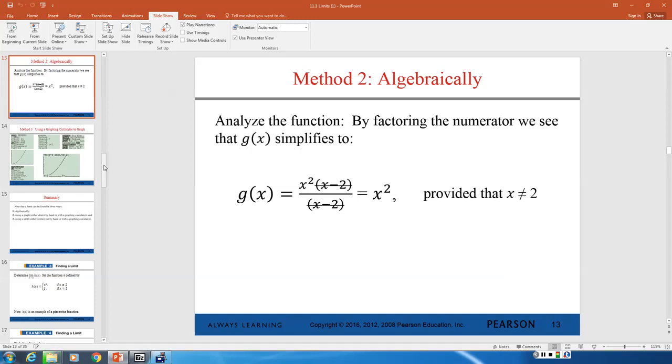Now there's another way to actually try to find limits. You don't have to do it using the table method, although that's a pretty simple method to use because once you get the idea of how you're putting in your x values, then it's easy to figure it out. But you can also do it this way.